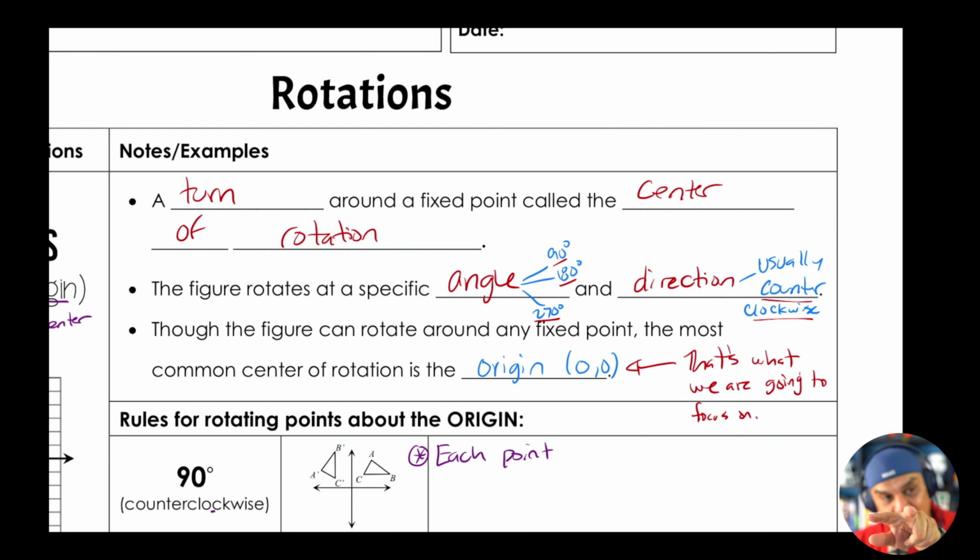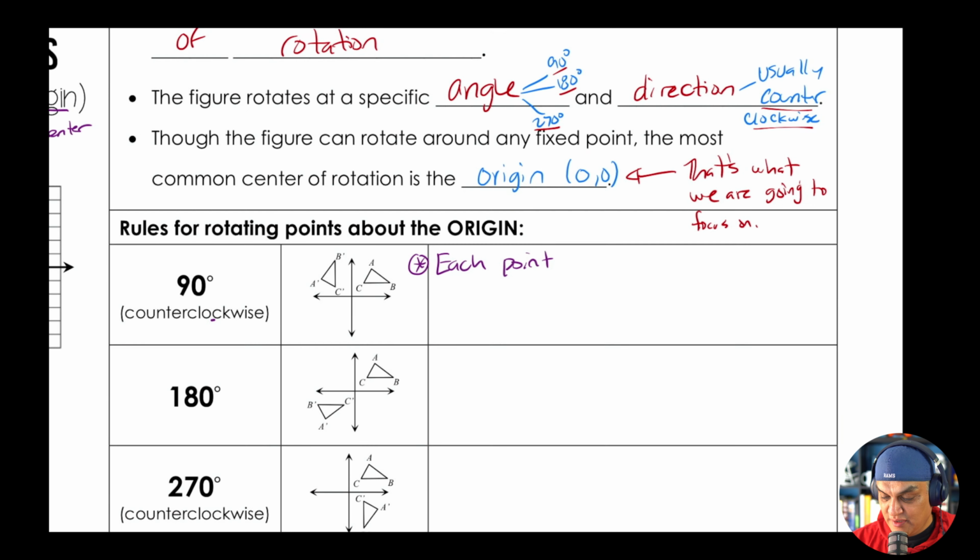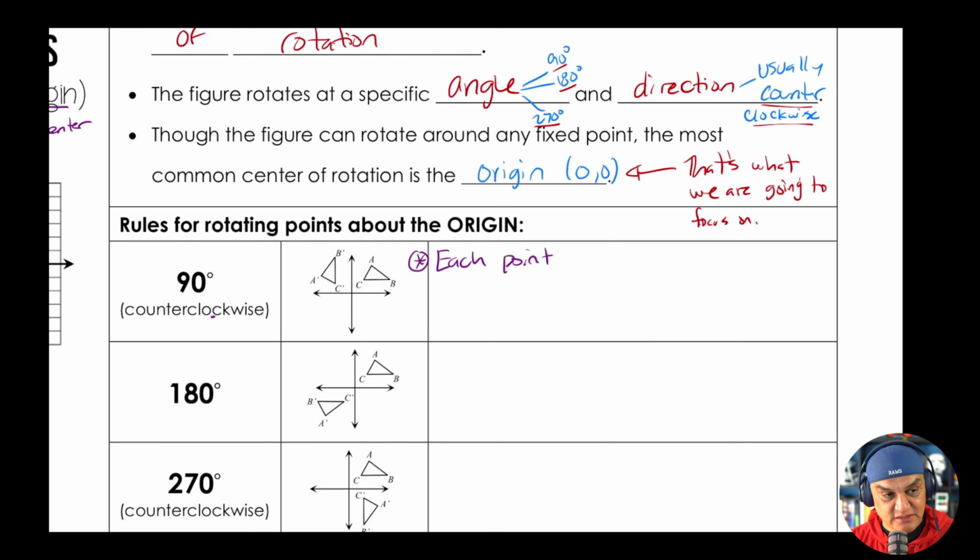So now let's get back to what we were doing. I want to describe what happens to each point, because if we can figure out what's happening to the points, and we get a regular figure like a square or a triangle, we can just get the corner points, the vertices, and rotate those a certain way if we're going 90, 180, 270.